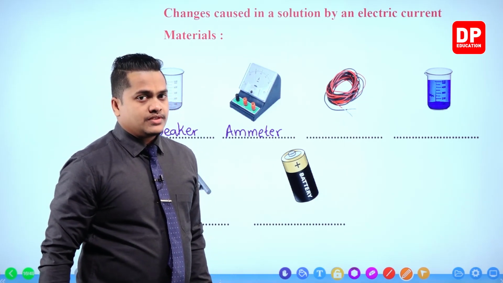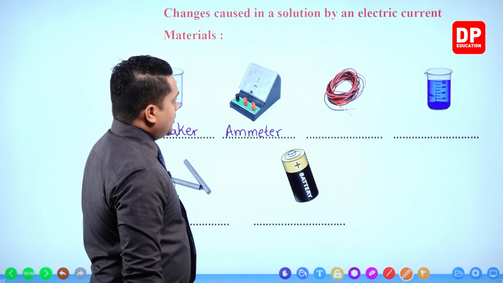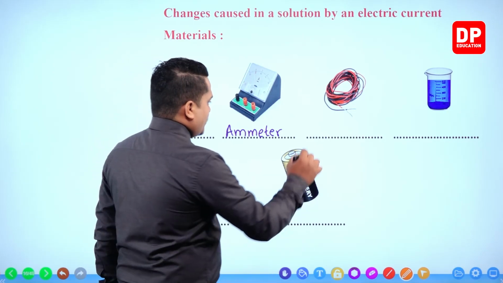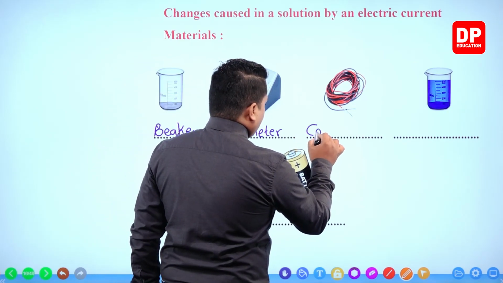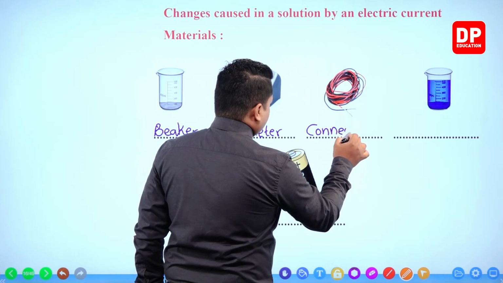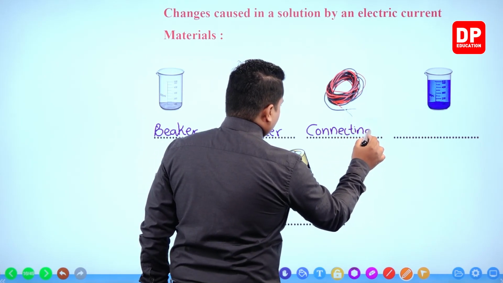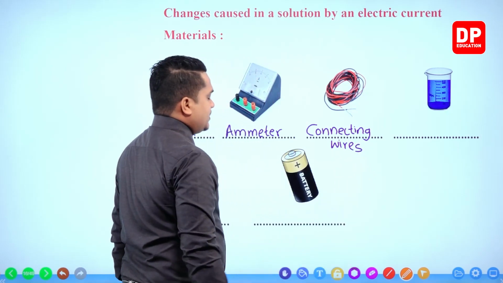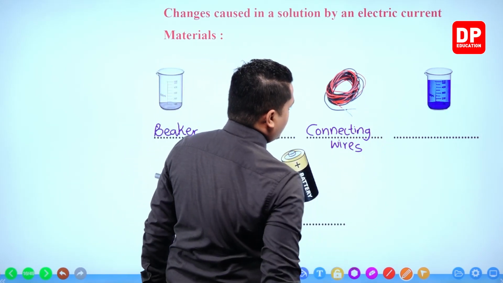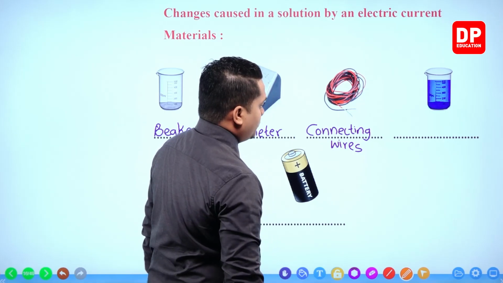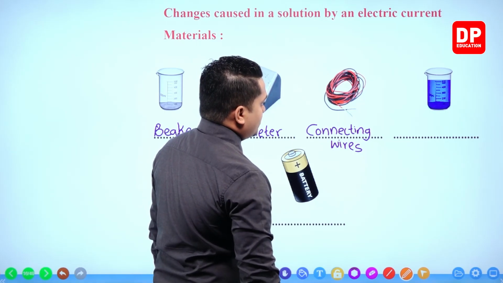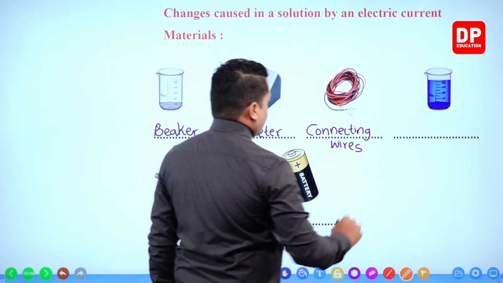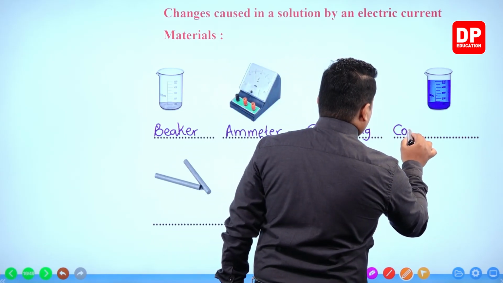Then you'll need connecting wires to connect the system. And within the beaker, you can observe a blue color solution. This blue color solution, my dear children, is copper sulfate solution.